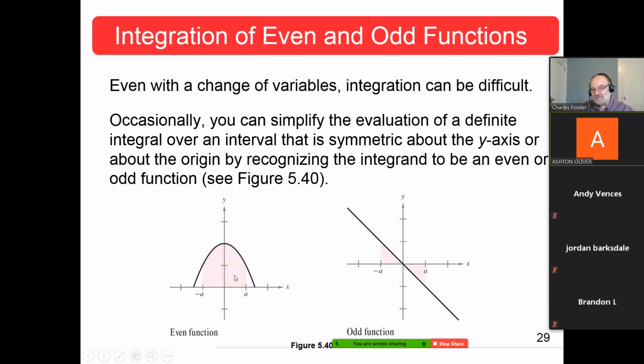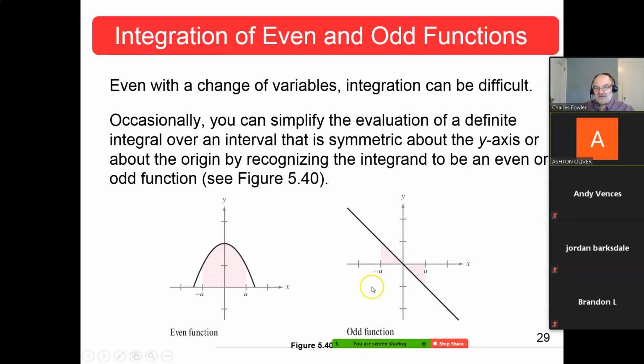That's so easy to do this way, twice the integral of this function from 0 to a, rather than having to go from minus a to a. Because usually substituting in a 0 in a definite integral is so much easier than substituting a negative a. That minus sign is just there to trip you up and make you make mistakes. So please, if you can avoid that, do it.